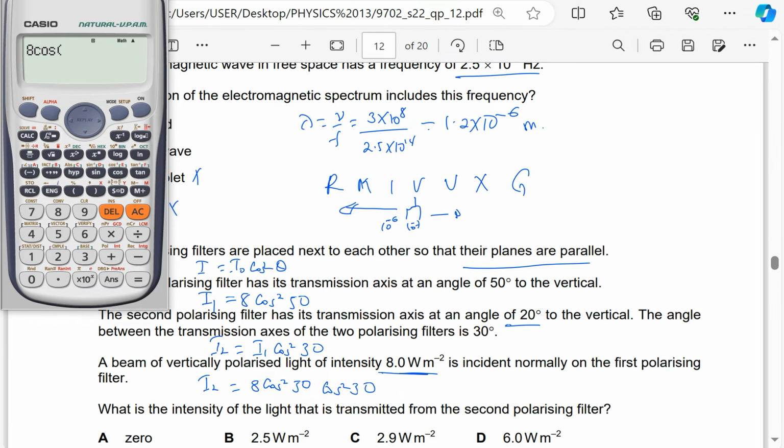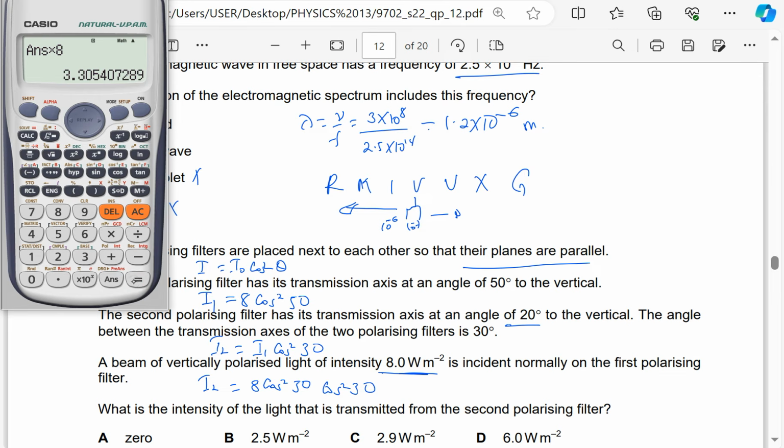I'll first say cos of 50 and I square it, times 8.